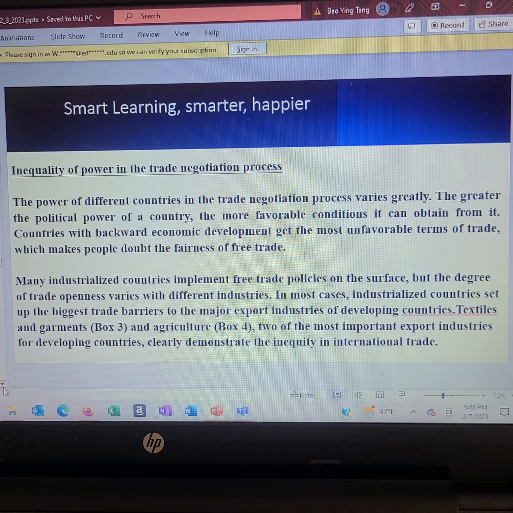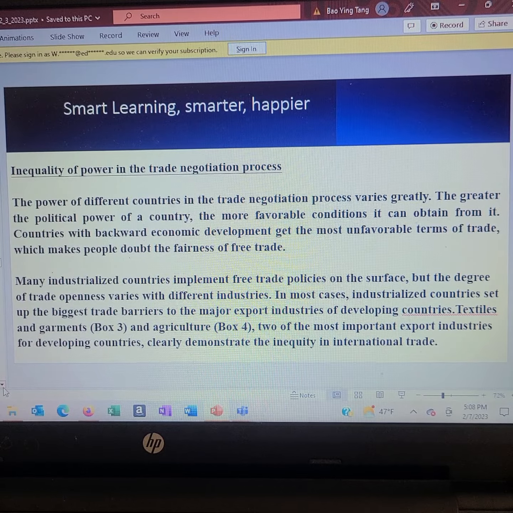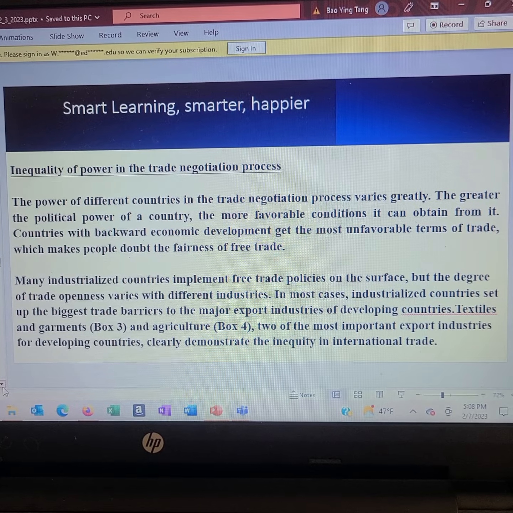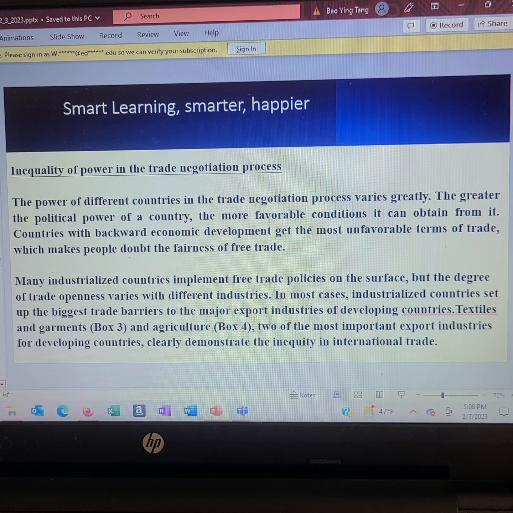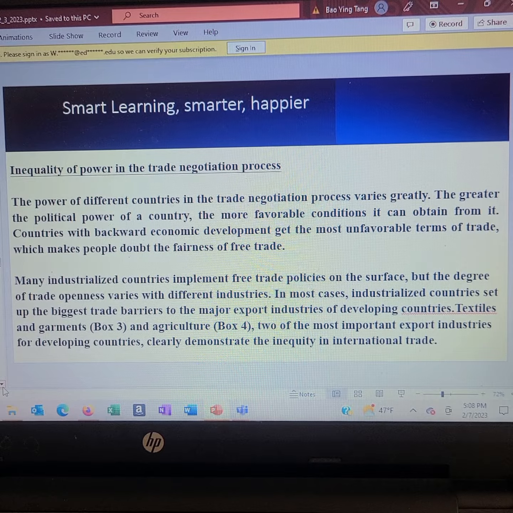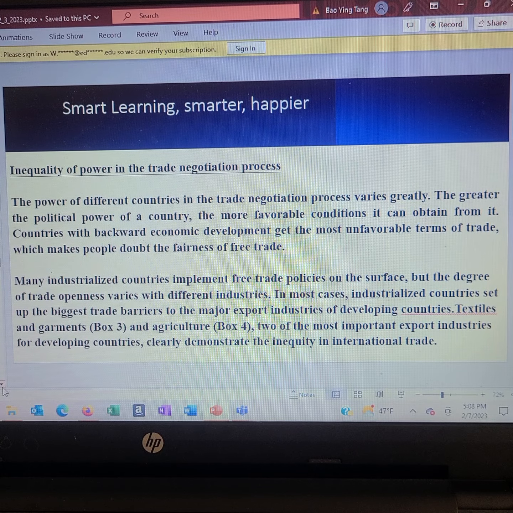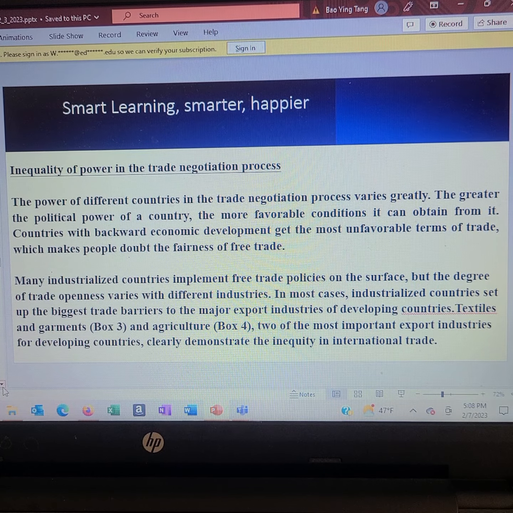Inequality of power in the trade negotiation process. The power of different countries in the trade negotiation process varies greatly. The greater the political power of a country, the more favorable conditions it can obtain. Countries with backward economic development get the most unfavorable terms of trade, which makes people doubt the fairness of free trade. Many industrialized countries implement free trade policies on the surface, but the degree of trade openness varies with different countries.